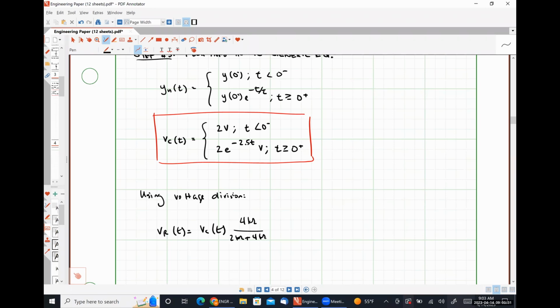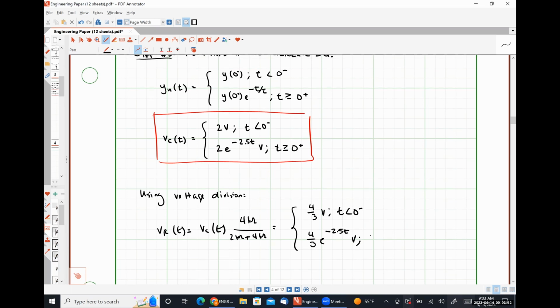So that's just multiplying everything by a factor of 2/3, right? So that would be 4/3 of a volt for t less than 0 minus, and 4/3 e to the minus 2.5 t volts for t greater than or equal to 0 plus.